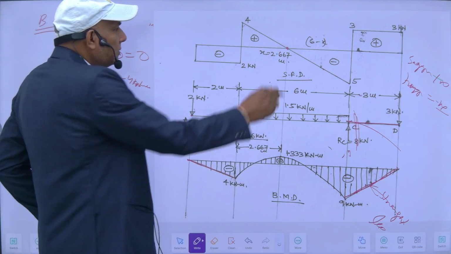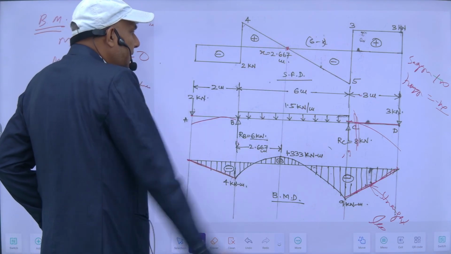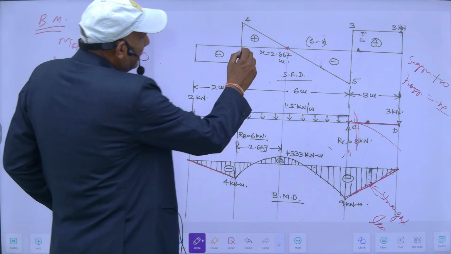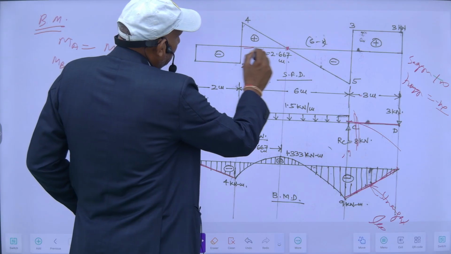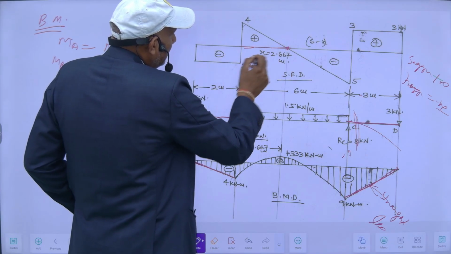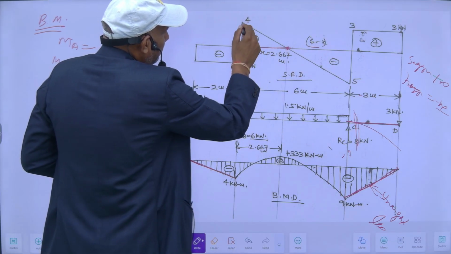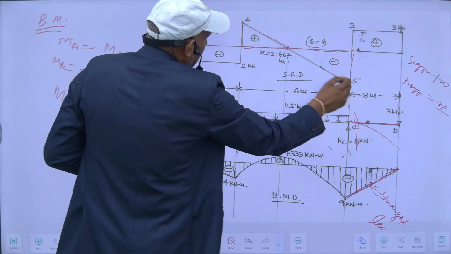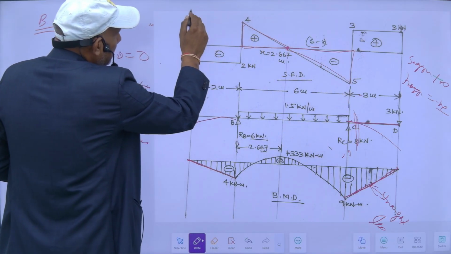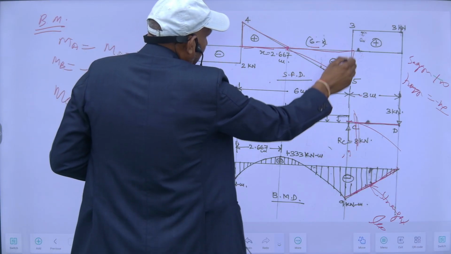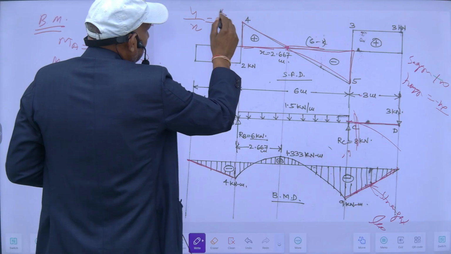For finding this location, I can easily find it from this shear force diagram. Suppose this is x from here, and this will become 6 minus x. So both the triangles are similar triangles. So 4 upon x is equal to 5 upon this side.